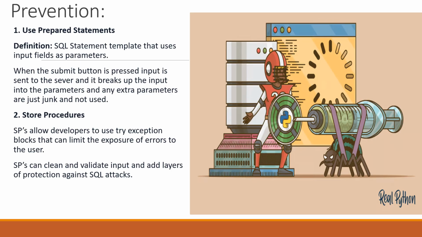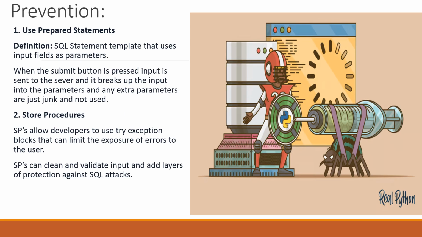Prevention. So after we've learned about SQL injections, how do we stop these? One of the main ways to do this is using a prepared statement. A prepared statement is an SQL statement template that uses input fields as parameters. Whenever you hit the submit button on a web application, the server breaks up that input as a text field and chunks it out.